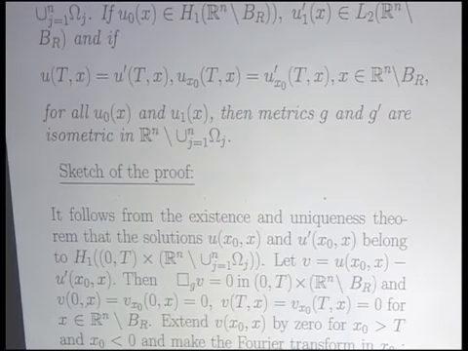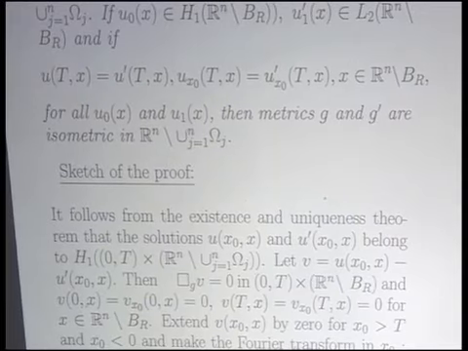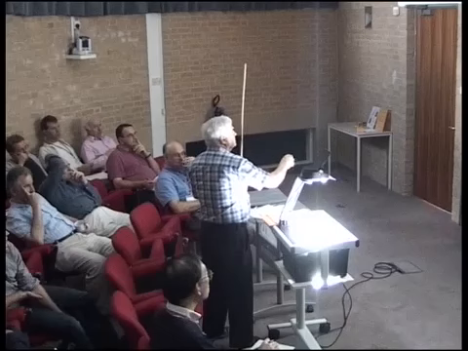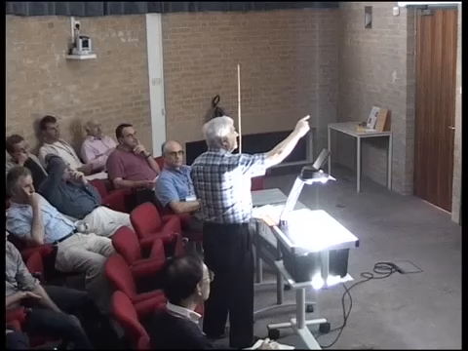Then you extend this V by 0 for t larger than capital T and for t less than 0, only outside the ball, yes. And make the Fourier transform in time.